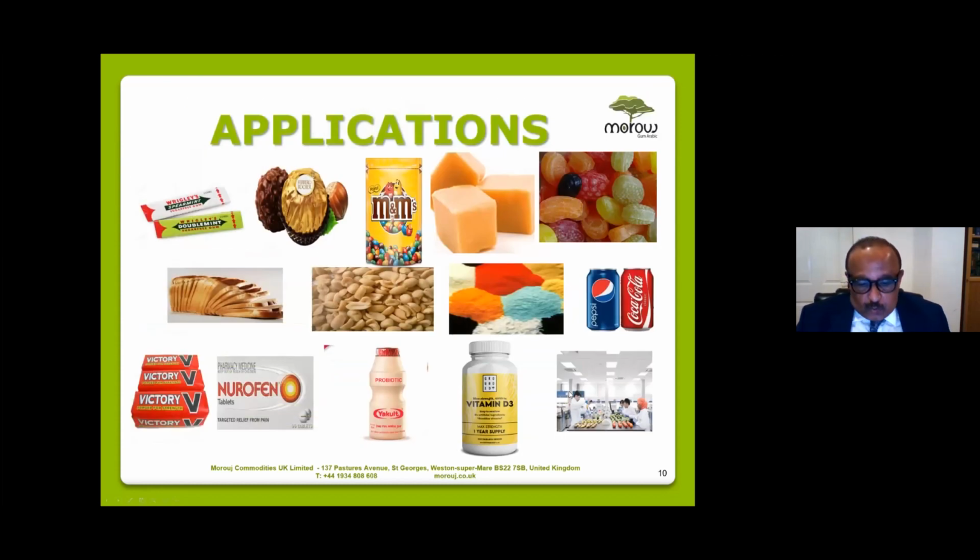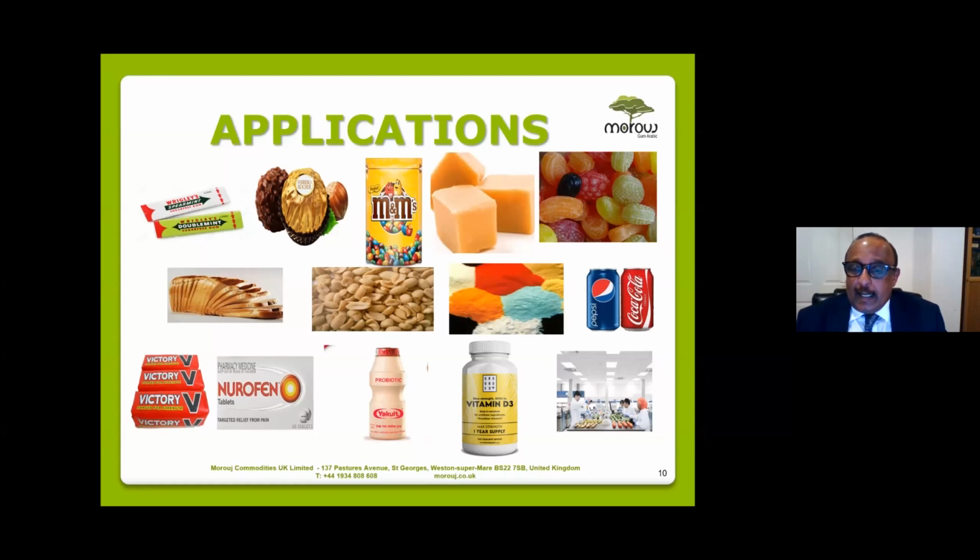Gum Arabic is used in a wide range of applications, and you can see there are different types of product. This is just a selection of products that I wanted to show, to show how important it is, and also for investors to know where the market of gum Arabic is, and all these products contain spray dried gum Arabic.